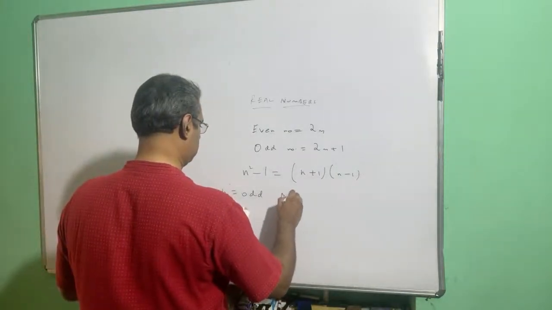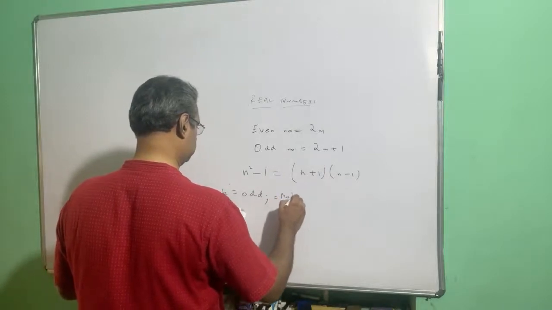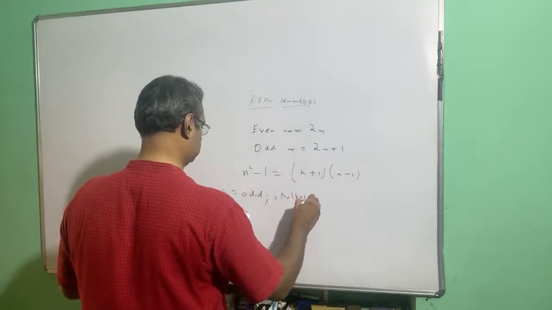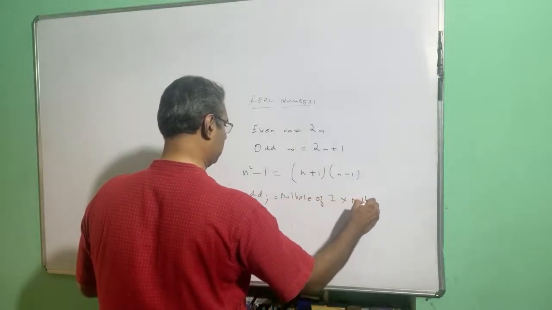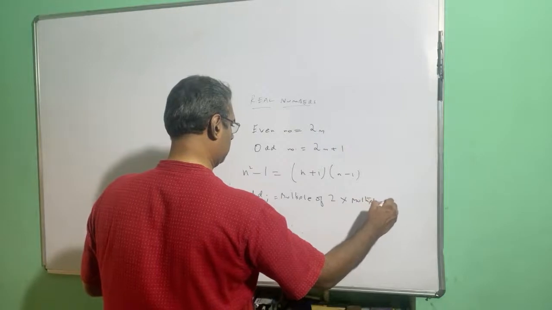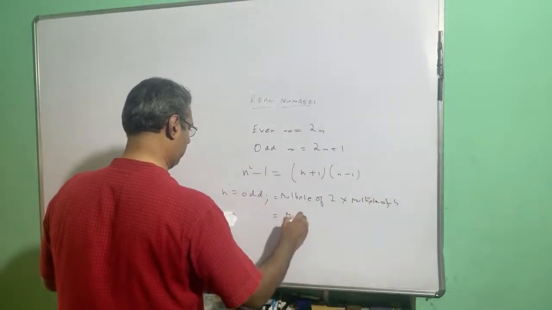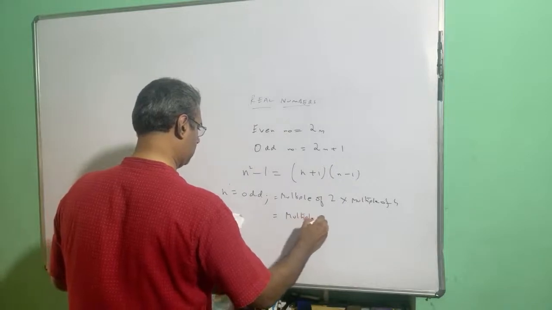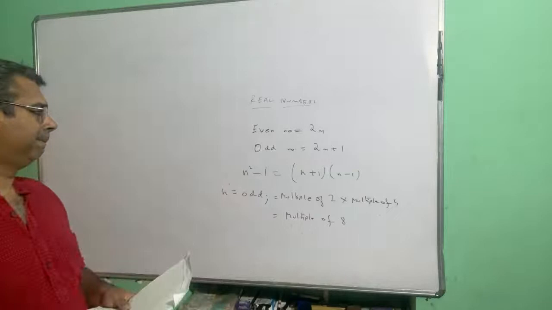But the other one in that case will definitely be a multiple of 4. So the product will be a multiple of 8, right?